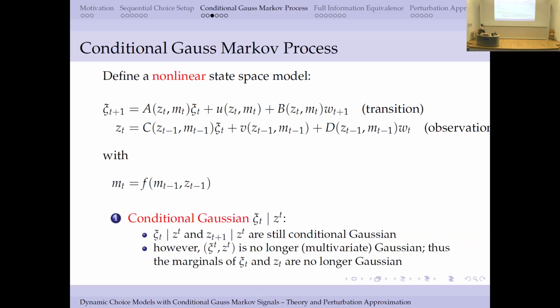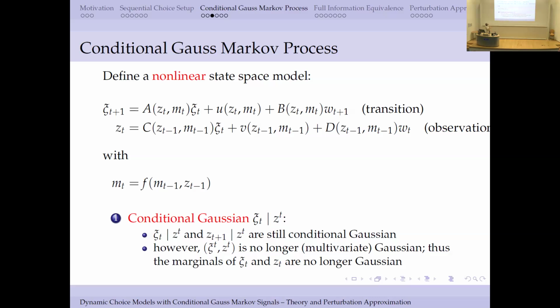All right, so what is the key property of this conditional Gauss Markov model? The key property is that the distributions of the latent X_t given the past observed Z's are still conditional Gaussian. So we still have conditional Gaussianity, both of the conditional distribution of the unobserved X_t, but also of the one step ahead Z_{t+1}.